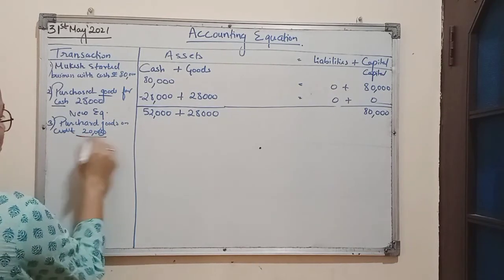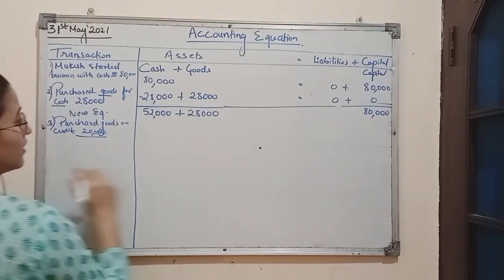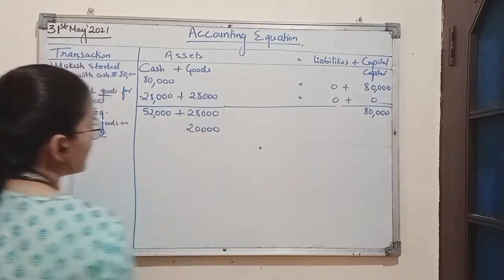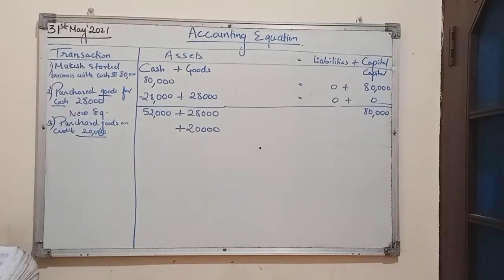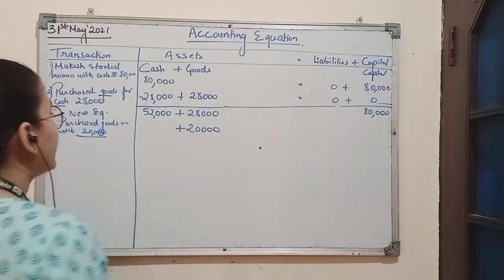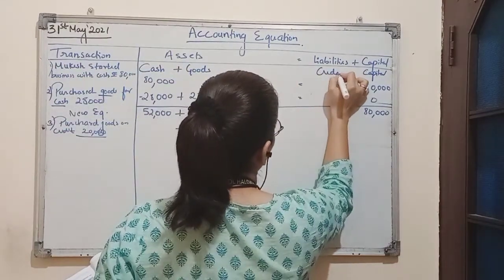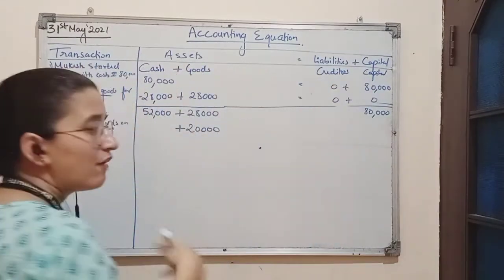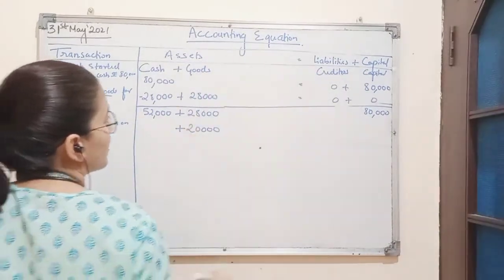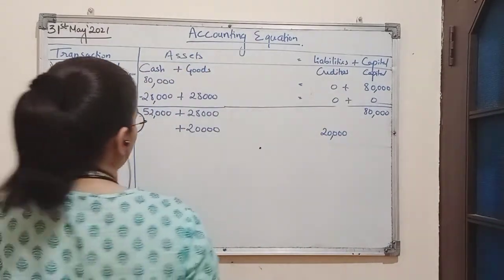So goods have been purchased, which means there is an increase in the amount of goods. 20,000 of goods have been introduced in the business and we have not made the payment. We have to make the payment, so it will be considered a liability. If goods are purchased on credit, that means it will increase our creditors amount. We have to pay that amount to the creditors. So the creditors amount will be 20,000.